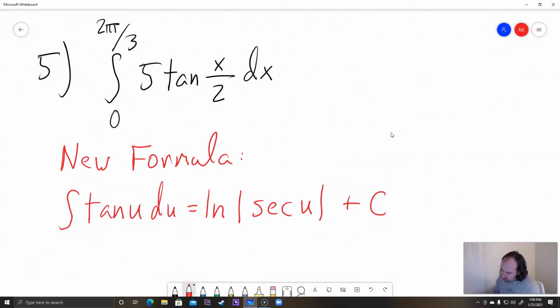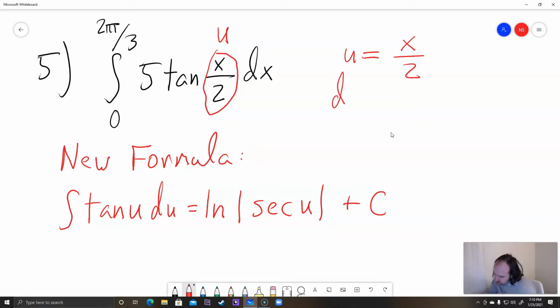In this problem, our u is going to be x over 2. So u equals x over 2. Taking the derivative of both sides, we get du dx equals 1/2, because the derivative of the variable x is just 1, and we still have a 1/2 left over.